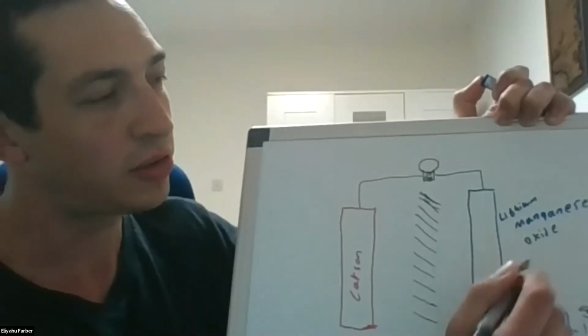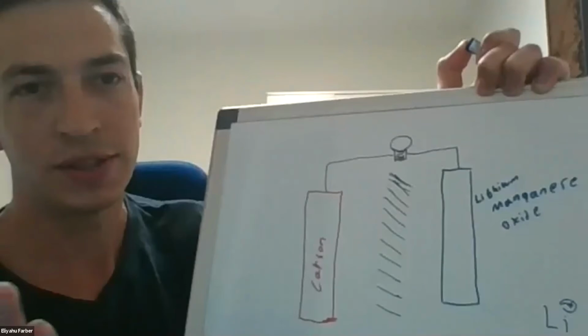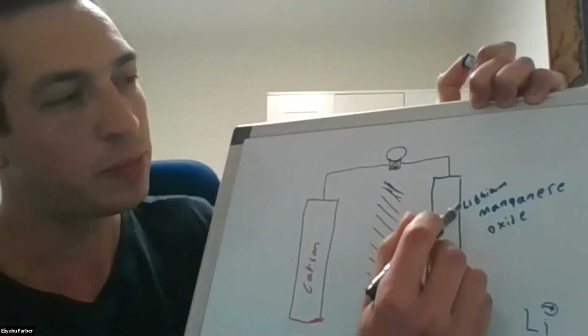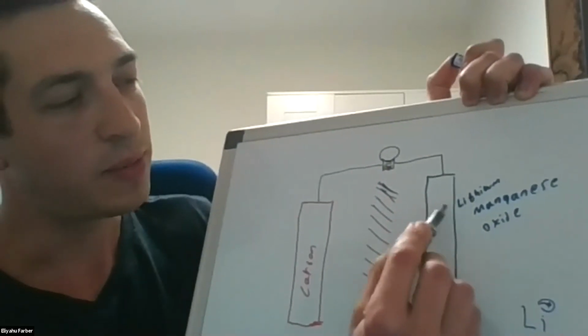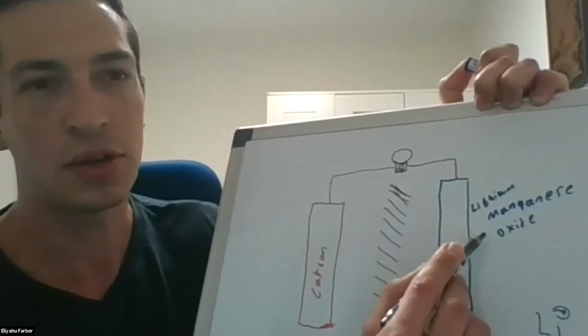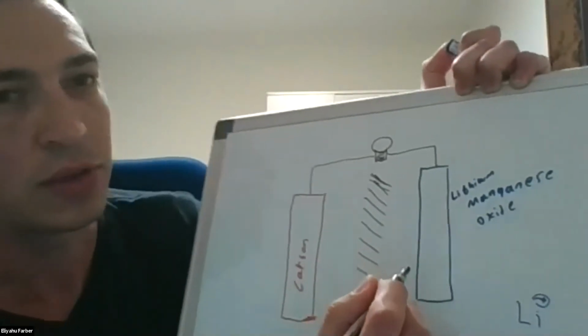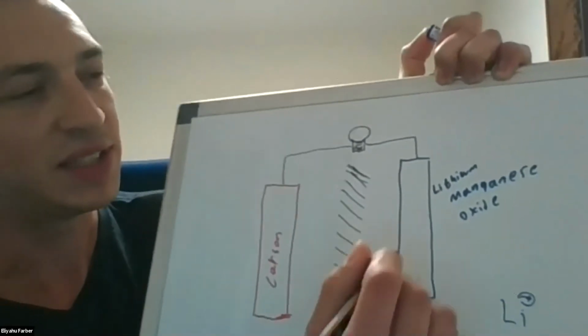So we start with an uncharged battery, one side of which is composed of lithium manganese oxide. I'm not sure if my handwriting really passes here, but we'll say it does.